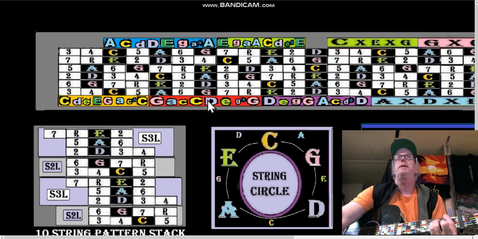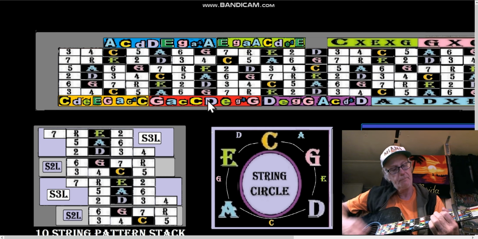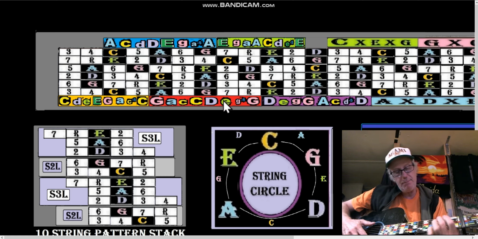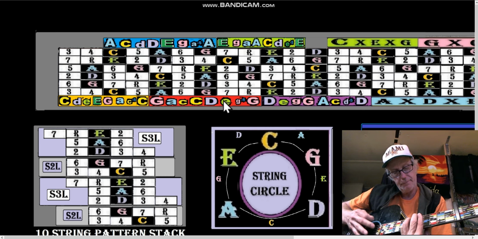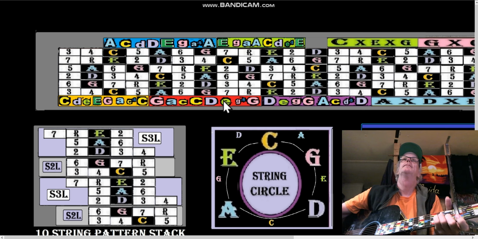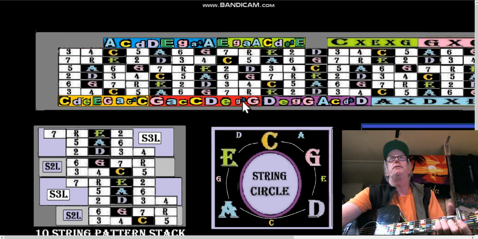A D-shaped G. An E minor shaped A minor. And I'm not going to try to do the half diminished, which is a G minor diminished fifth.